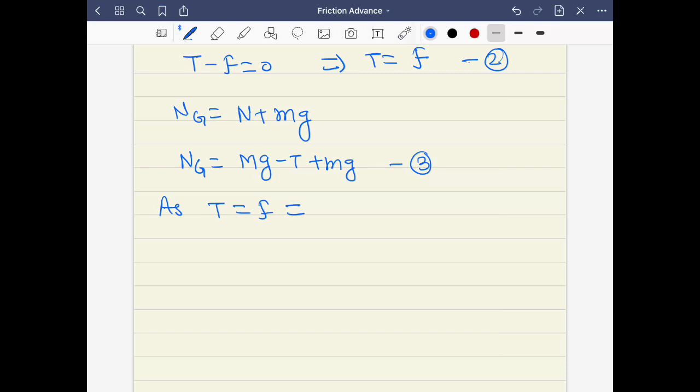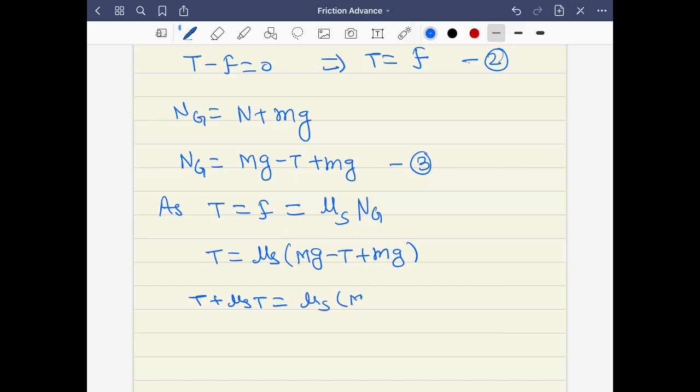f is equal to mu s into Ng, isn't it? Normal force from the ground. So tension, the maximum force that I want, so mu s into normal force from the ground, which is capital Mg minus T plus small mg, and if I just multiply and take T to one side, it will be T plus mu s T is equal to mu s times capital M plus small m into g.